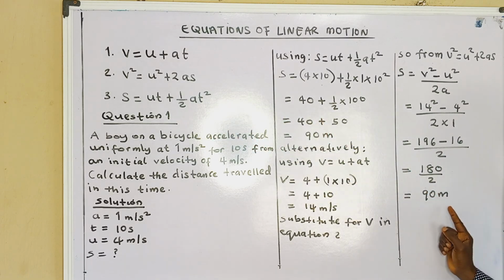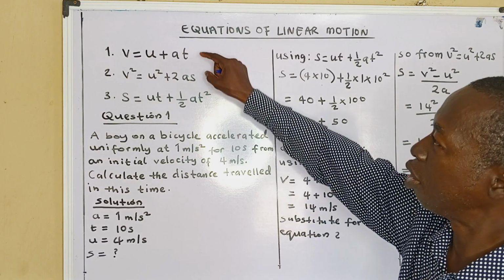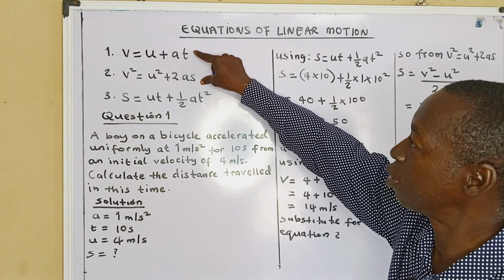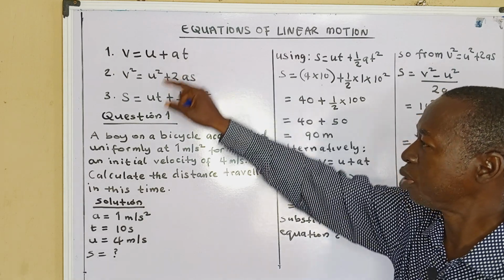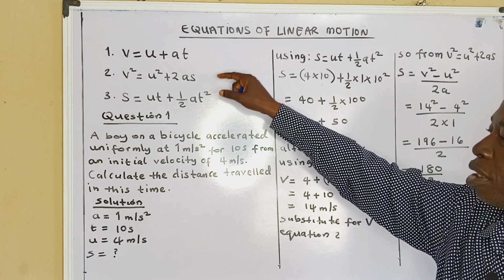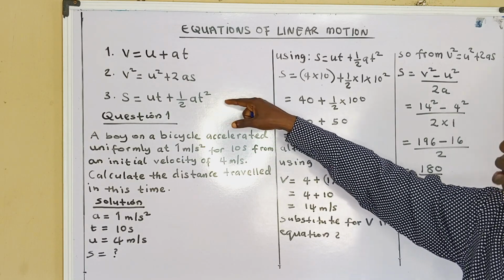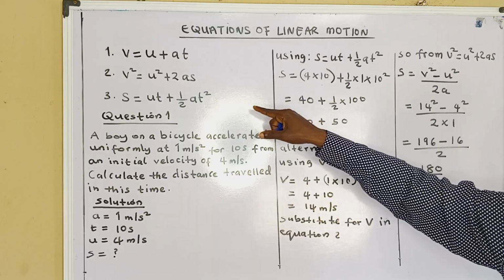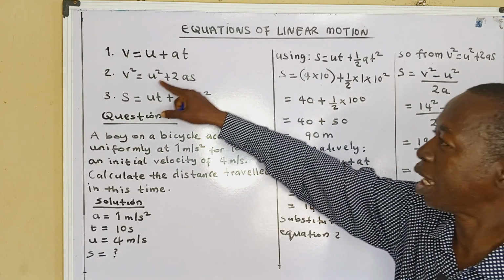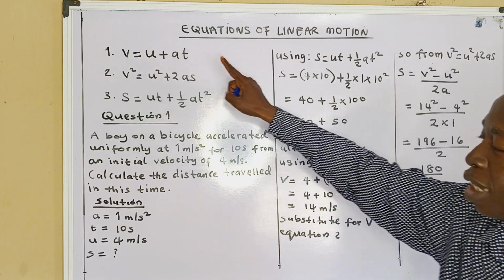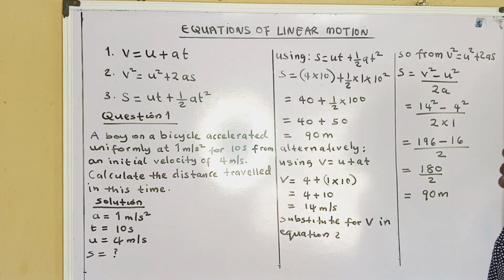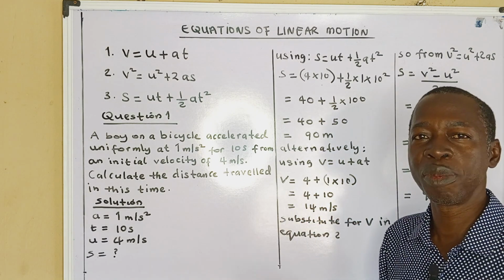is also the same 90 that we have gotten when we use a combination of the first and the second equation of motion. So you can actually use any of these three based on how well you understand each of them and how to apply them. But I always tell students that when you are given a problem, look at the one that quickly helps you to solve that problem.